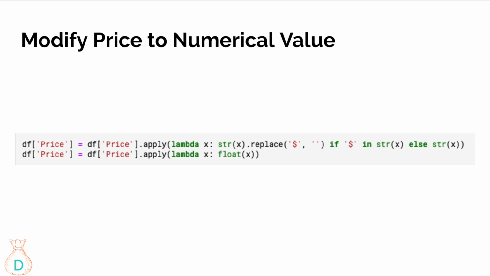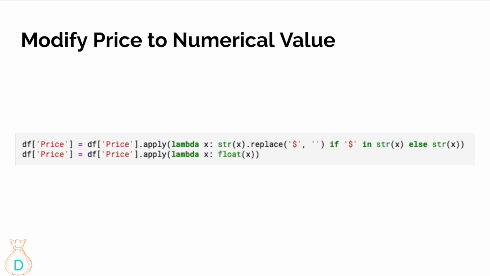Then you convert it into a float. The reason it's a float instead of an integer is that if you look at the actual values, there's going to be things like 1.99, so you have decimal places.